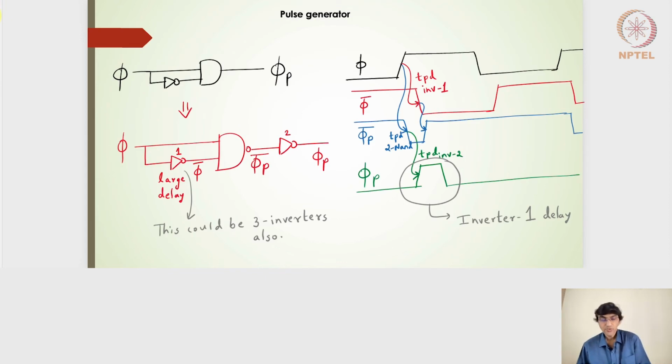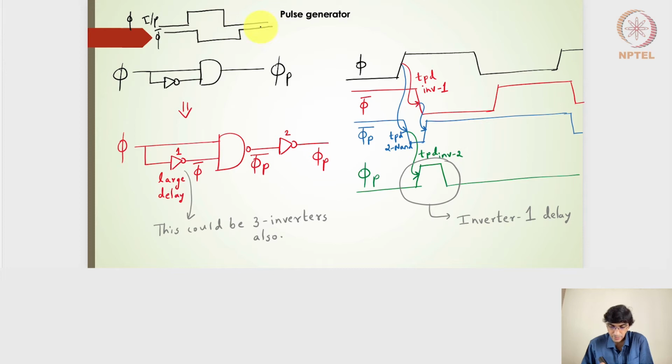Moving ahead, how do we generate the pulse signal? One simple design is to use a clock and feed it to an AND gate, and the other input is the inverted clock. If this is the clock signal given to the input, the inverted clock signal will be high and then low, and then high and then low.